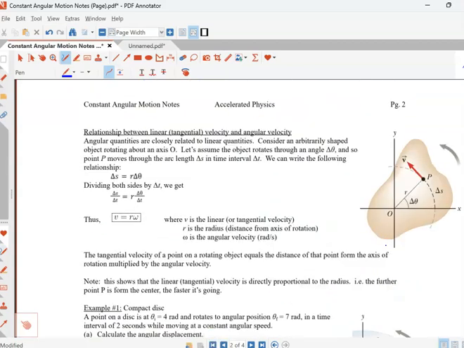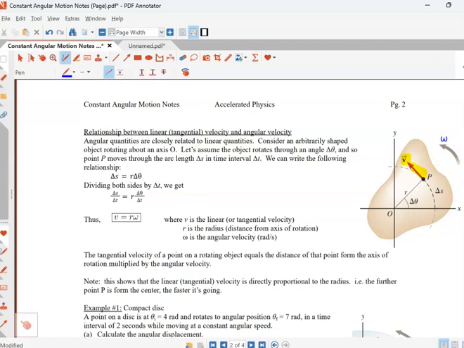Okay, moving on to our next page of the notes, we have also a little bit about the relationship between the linear velocity, or sometimes called the tangential velocity. That's essentially how fast you're going. And how is that related to the angular velocity, which is shown over here as that arrow, just telling you how many radians per second it's rotating?